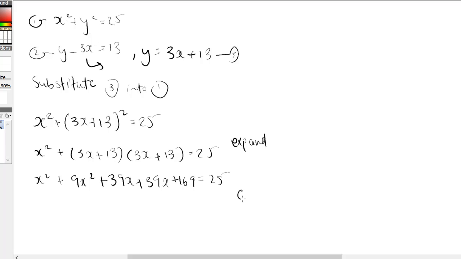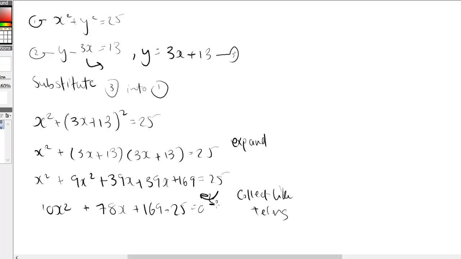So now I can collect like terms. So 10x squared from these two plus 78x plus 169 minus 25 equals 0, because I've brought this to the other side, so it's a negative minus 25. So 10x squared plus 78x plus 144 equals 0.